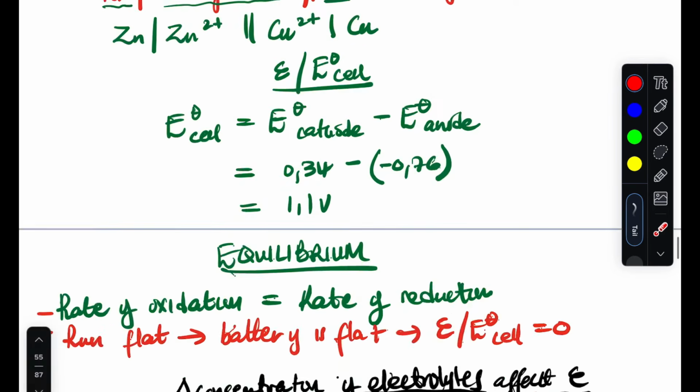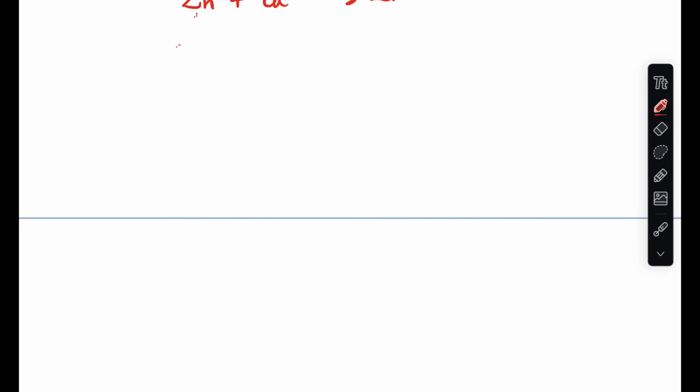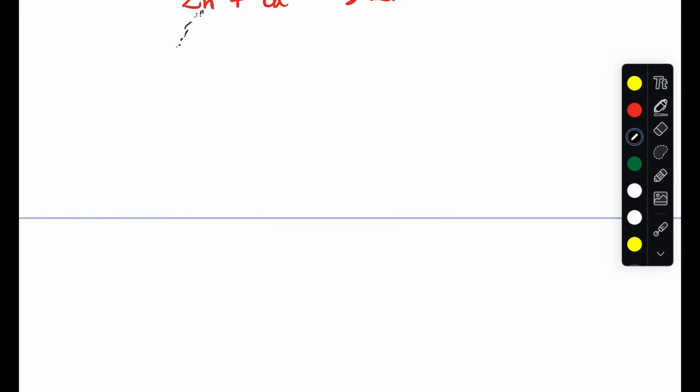Let's say we are told the zinc anode decreases by 3.2 grams.